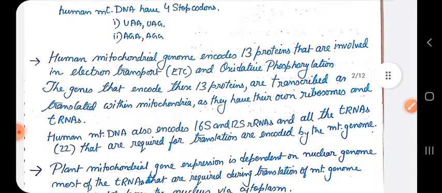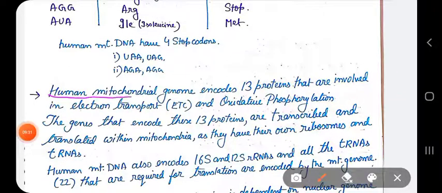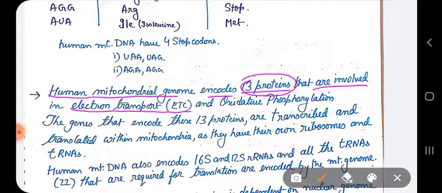Now, let us discuss more about the human mitochondrial genome. The human mitochondrial genome encodes about 13 proteins, and these 13 proteins are involved in the electron transport chain and oxidative phosphorylation.